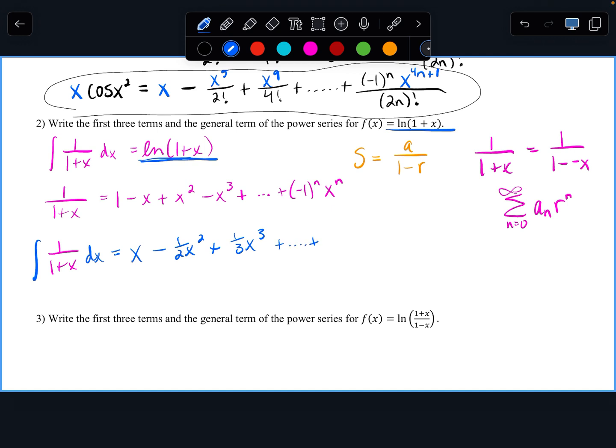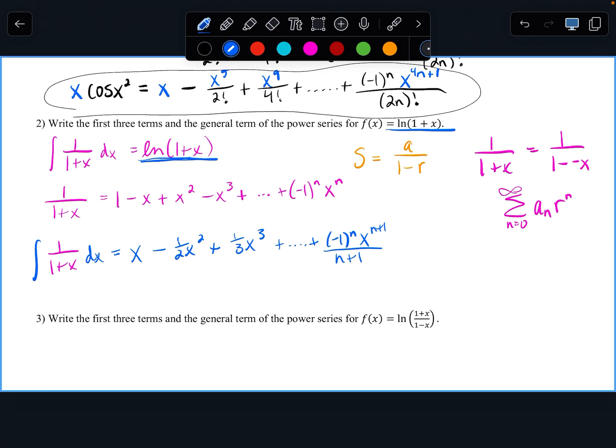And then same idea, this keeps alternating signs. So this -1 stuff's not going to be messed up. It's only the x that we're doing integration and derivatives of. So if you think about how you do an antiderivative, it would be x to the n plus 1 all over n plus 1, because you add to the power and divide by the new one.